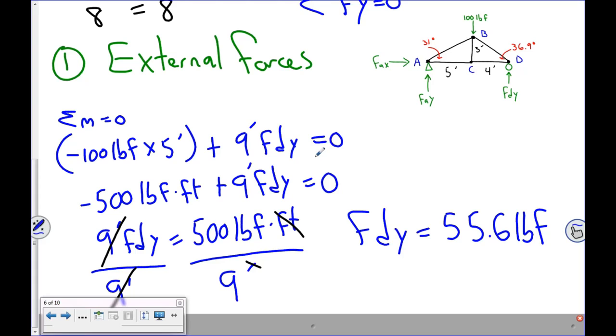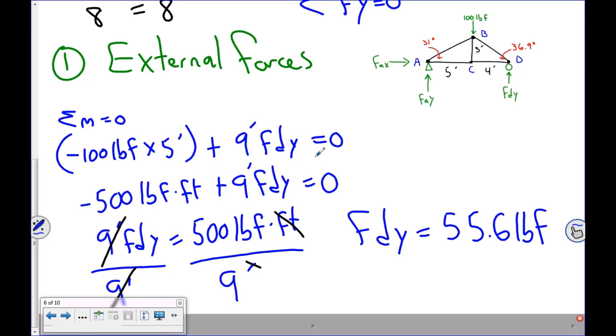Questions on that? What if I plug 55.6 into FDY right here? I better get 0. What if I don't get 0? Good, I did something wrong. Grab your notebook. Let's go. You're way behind. Questions on that?